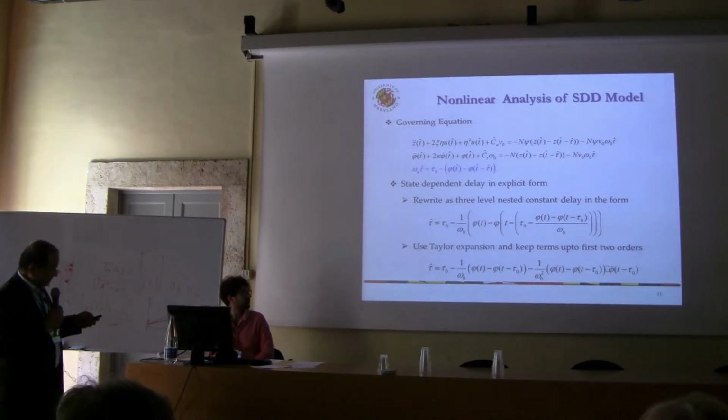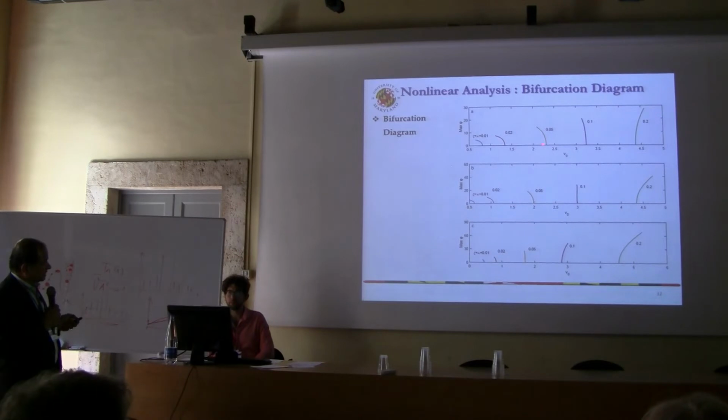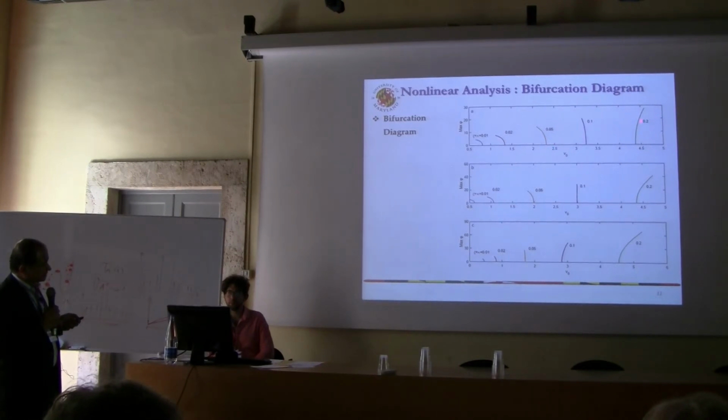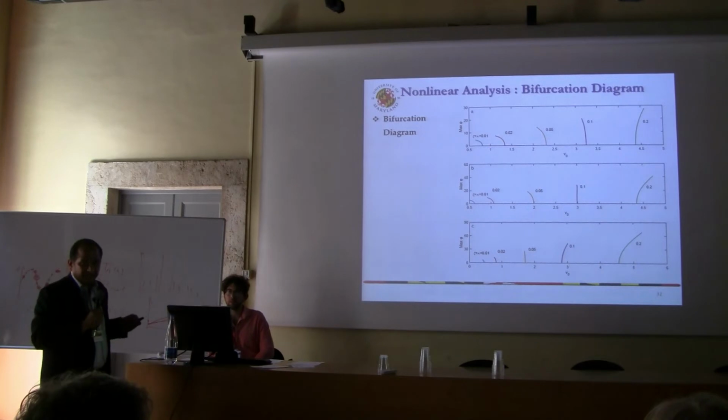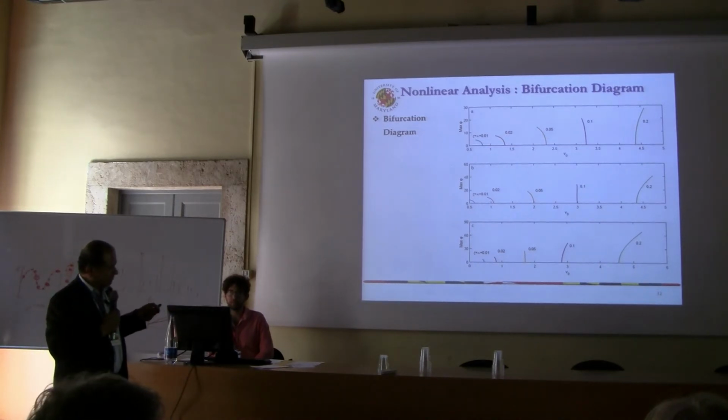Once you do that, you can construct your bifurcation diagrams, and you find that in certain cases you do have a subcritical bifurcation. In certain cases, depending on the damping level, you end up with supercritical bifurcations. So your damping, again, is a critical parameter. Below certain damping thresholds, you do end up with supercritical.